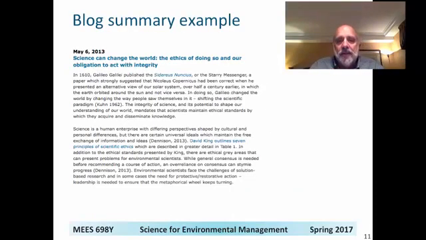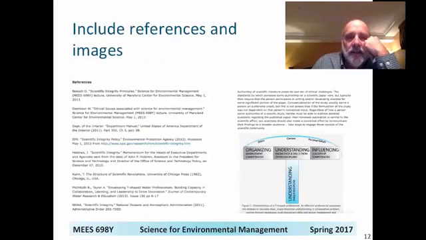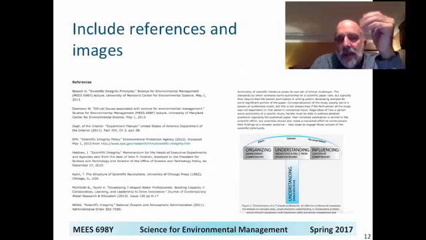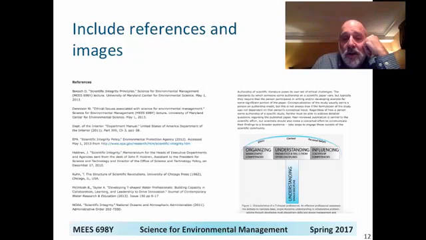So we pull these activities together, the facilitation, the rapporteur work, and the writing, to form a blog. Here's an example of some of the blogs that previous students have done from a previous version of this course. Good title and a series of thoughts with references, and then images, at least 1 to 2 images, 3 or 4 are ideal for each blog.